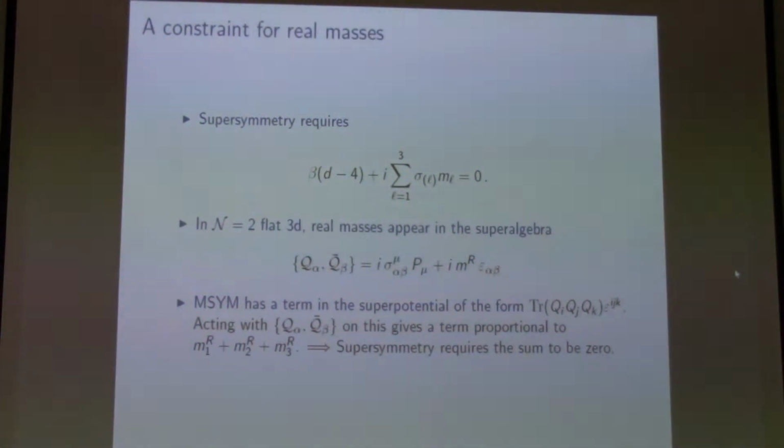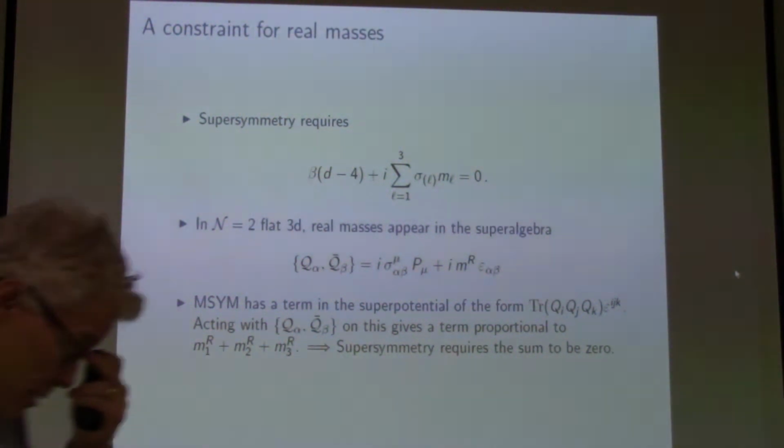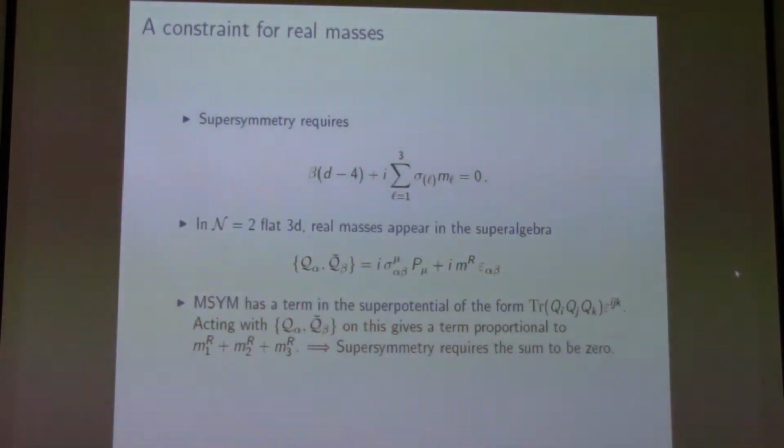Right, so in a sense, setting this equal to 0, say we're doing n equals 4 super Yang-Mills, you can't say all the masses are 0 because you don't balance off that term. So that term is contributing to that R symmetry part there.